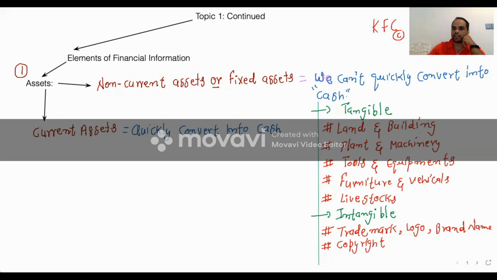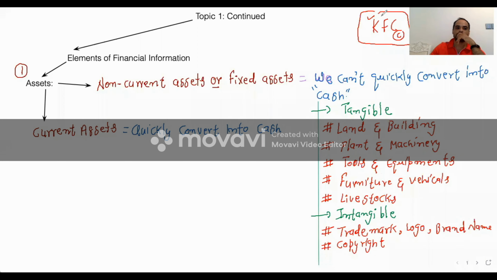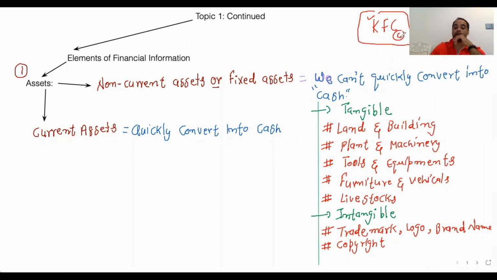I don't know if you noticed, but TM stands for trademark and C stands for copyright. Copyright means any other business cannot copy the name of this company. That's the meaning of copyright.